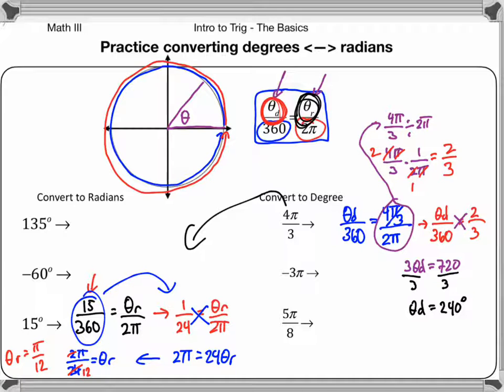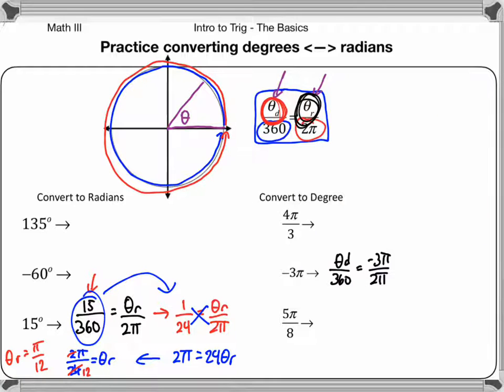Okay, so let's find out what the next ones are real quick. For negative 3 pi, I'm going to go ahead and plug this in, and it looks like the pi's are going to cancel out. So I'm going to get theta d over 360 equals negative 3 over 2. Let's do some cross multiplying, and I get 2 theta d equals negative 3 times 360, which is going to give me negative 1080.